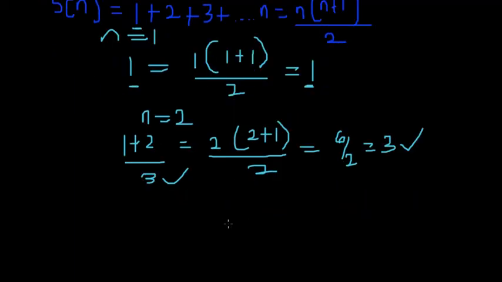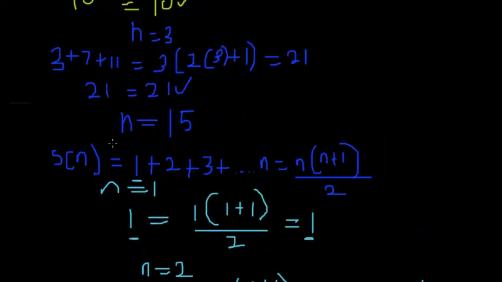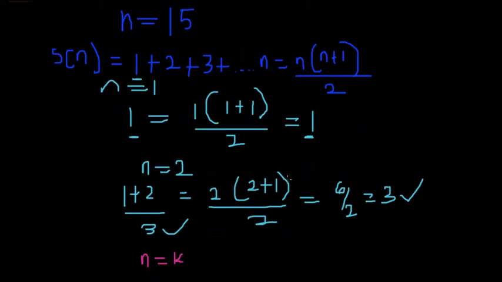So what if we want to prove the same principle for very high values? All you have to do is just use a certain variable, let's say k. So let's assume that n is equal to k. For the example we could just pick this expression.